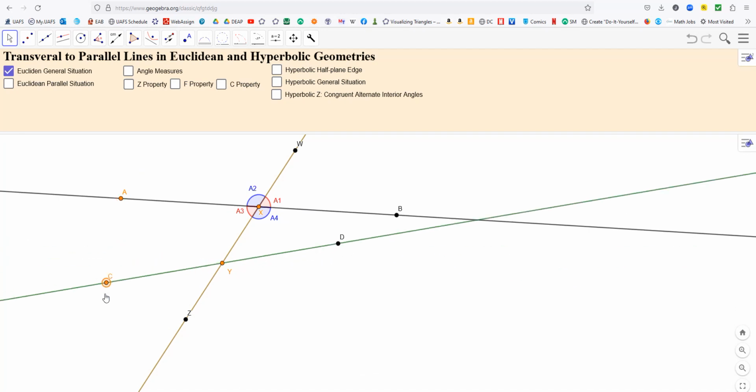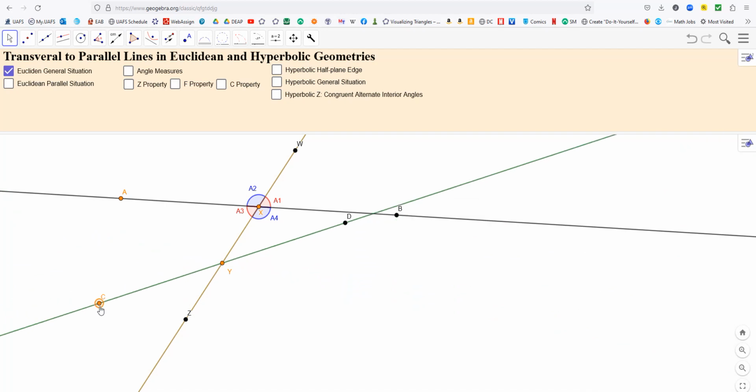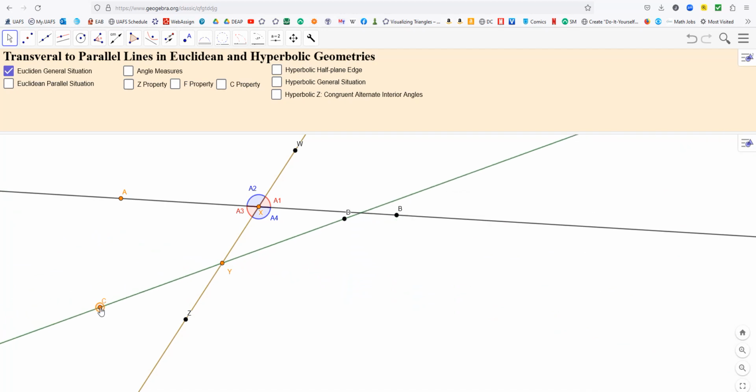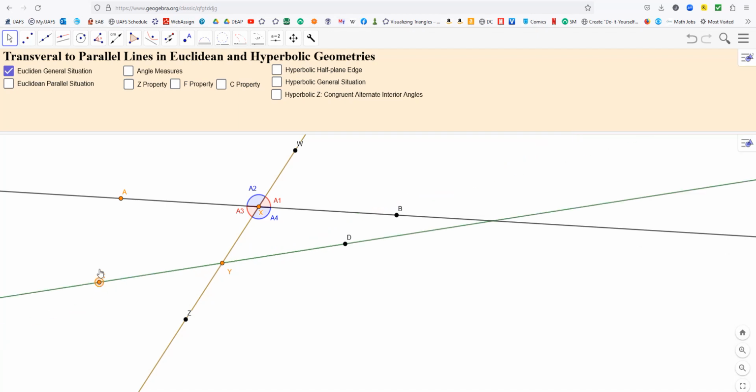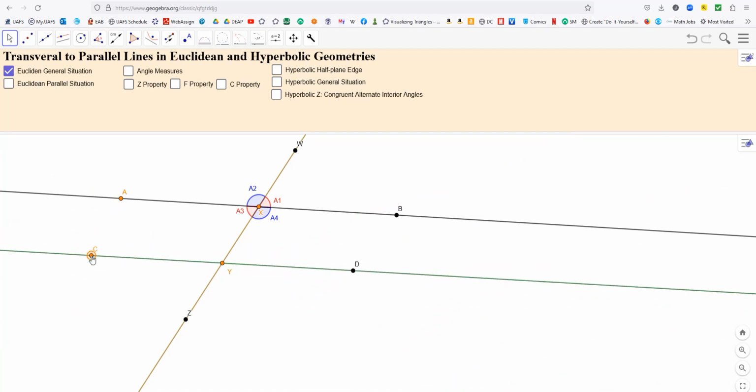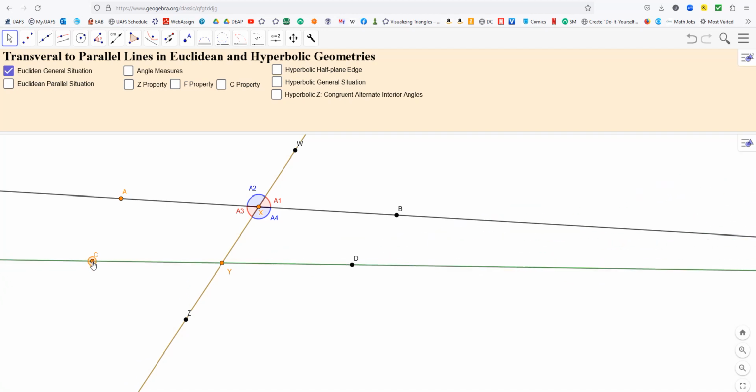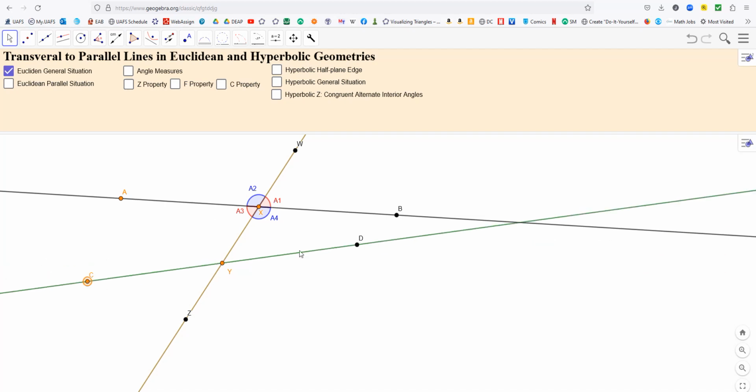I didn't mark the ones down here, but they could be intersecting lines like that, or on this side, they could be parallel, possibly. So potentially 8 angles there, but at most only 4 different angle sizes.